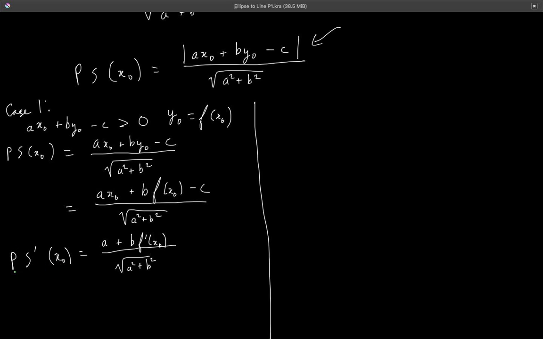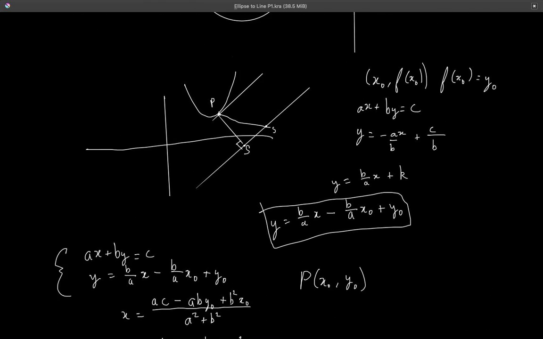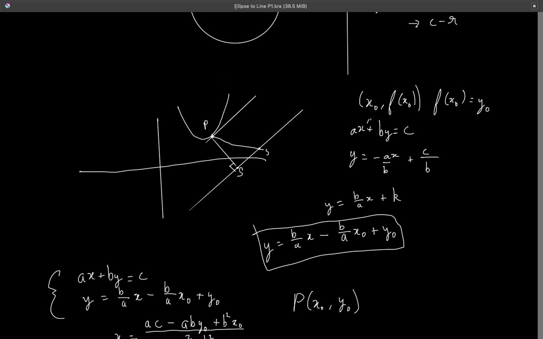So by setting the left-hand side of this equation to 0, we obtain f prime of x0 is equal to negative a over b. And if you take a look way back up here where we defined our arbitrary line, notice that the slope of this line is negative a over b.